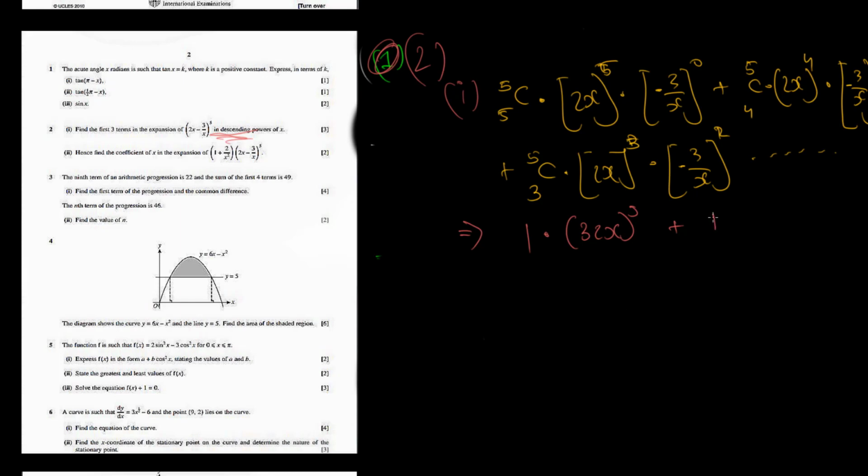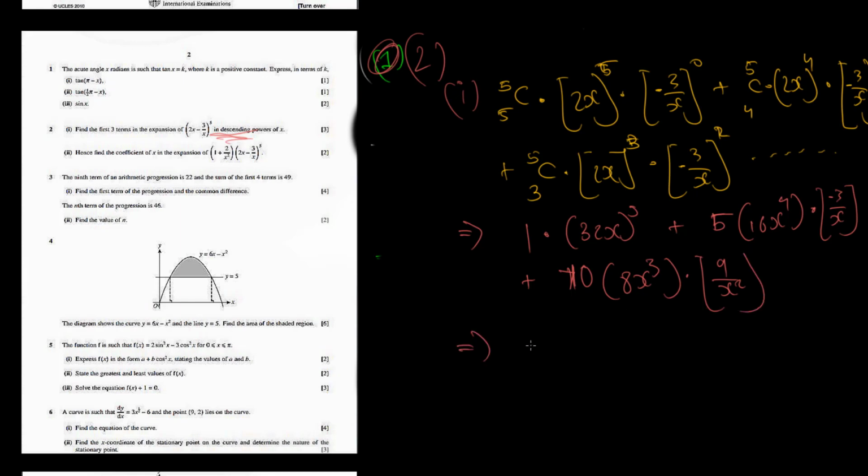So you'll have 5 over here, 16 because 2 raised to 4 is 16, multiplied by minus 3x, plus over here you will have 10, 8 cubed multiplied by 9x squared. If I simplify that down, I would get my final answer to be 32x to the 5 minus 240x cubed plus 720x.